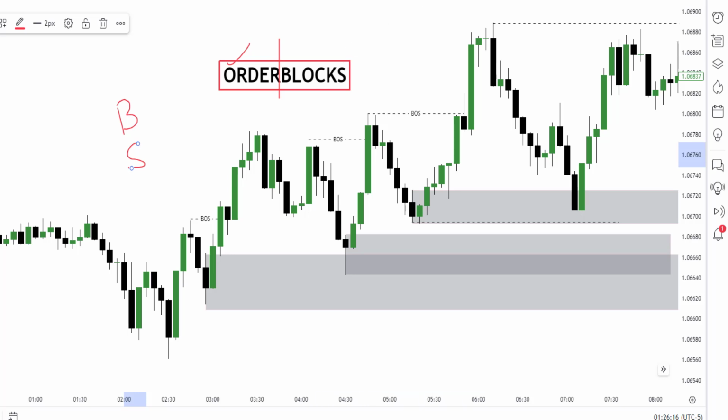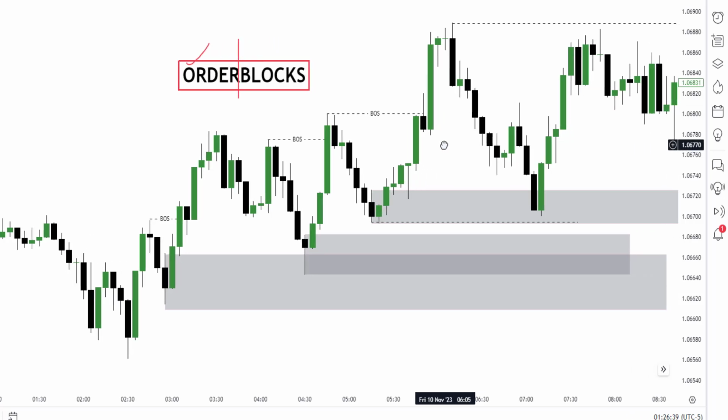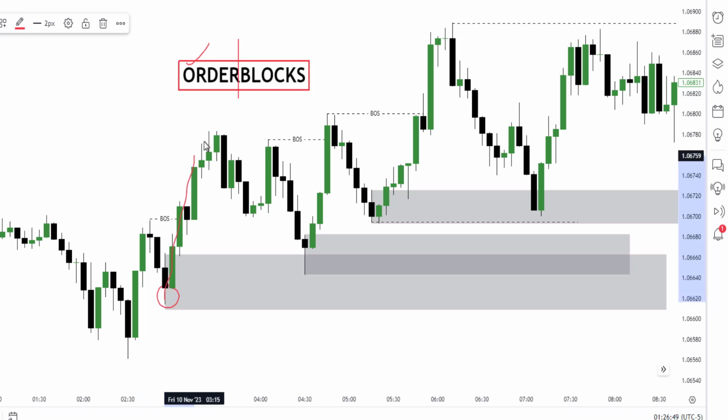But how do we spot an order block on our chart is the next question, and that is exactly what I'm going to show you here. Every time we see price moving up like this, creating higher highs and higher lows, we believe that the institutions are playing a vital role in price movement. At every point in this uptrend, we see price coming back to a point and then a sudden move in that direction.